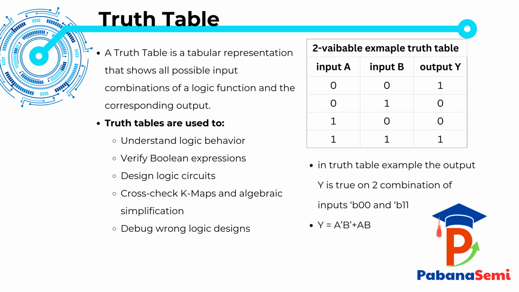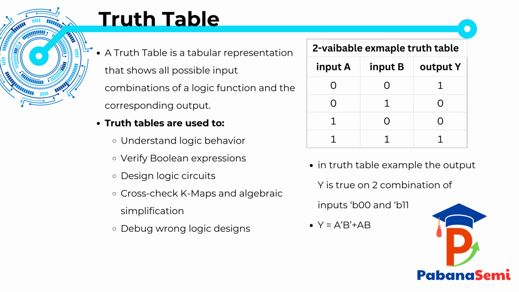When A equals 0 and B equals 0, the output Y equals 1. When A equals 0 and B equals 1, the output Y equals 0. When A equals 1 and B equals 0, the output Y equals 0. When A equals 1 and B equals 1, the output Y equals 1.